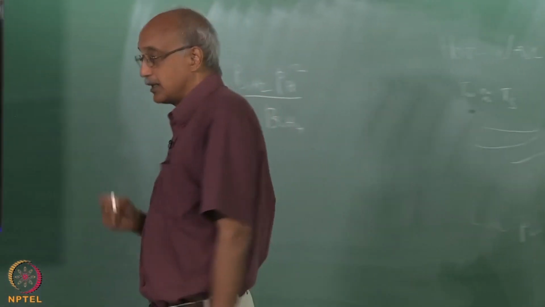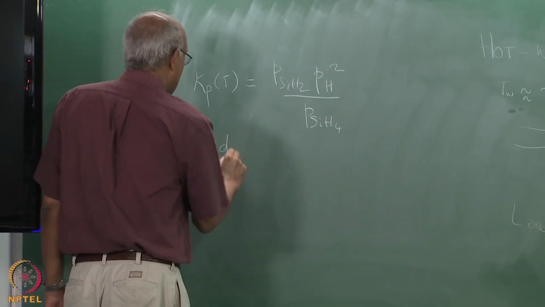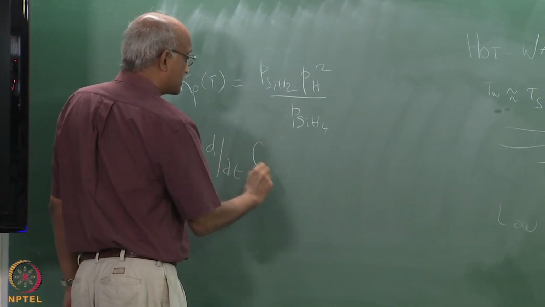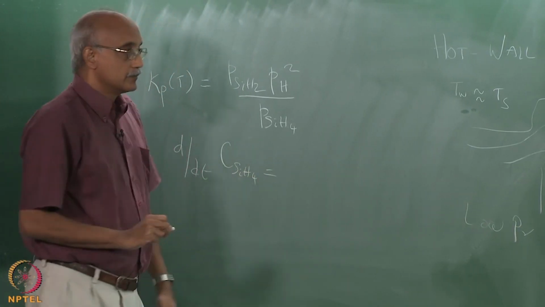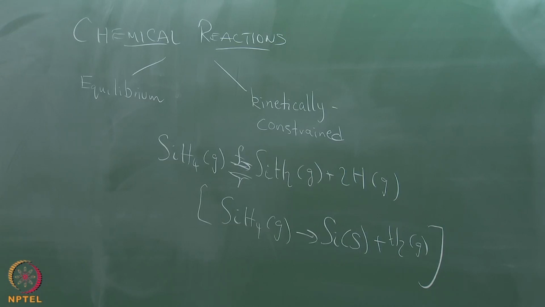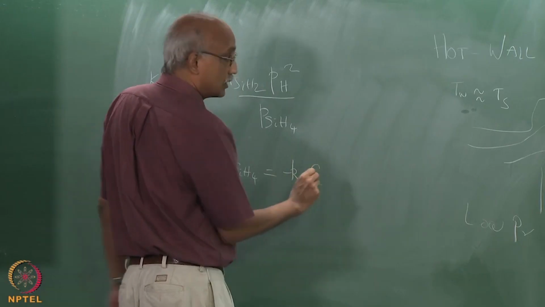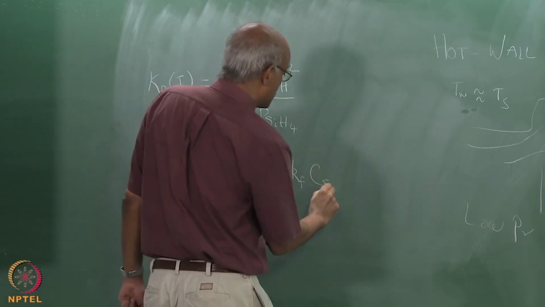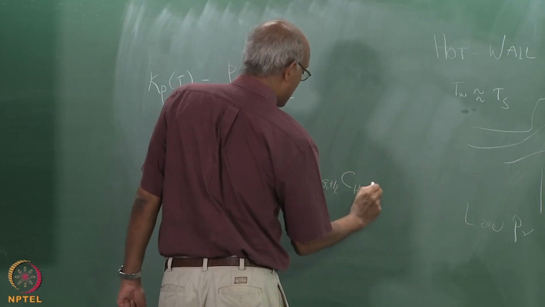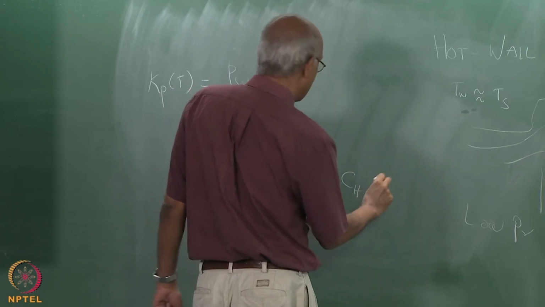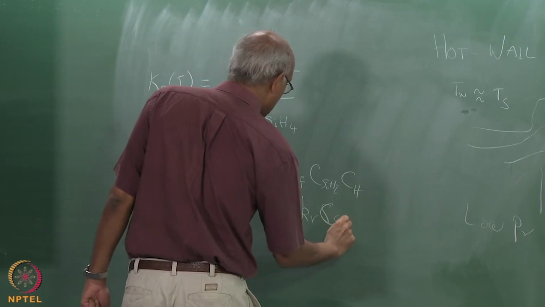Then in the case where reaction is kinetically limited, you have to write it as d by dt of concentration of SiH4 equals minus Kf times concentration of SiH2 times concentration of hydrogen plus Kr times concentration of SiH4.